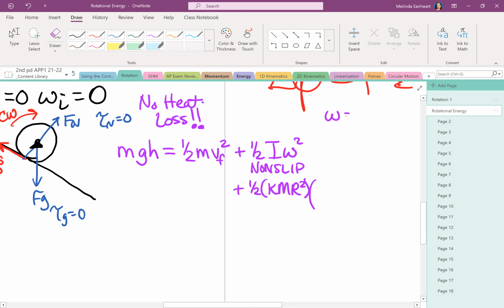Well, if omega is equal to v linear velocity over radius, and if I want to square omega, what do I have to do to the right-hand side? Square it all. And so I'm going to plug in linear velocity squared over r squared. And what do we notice happens?